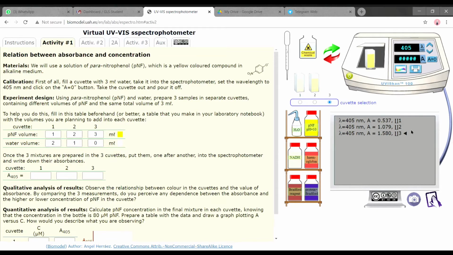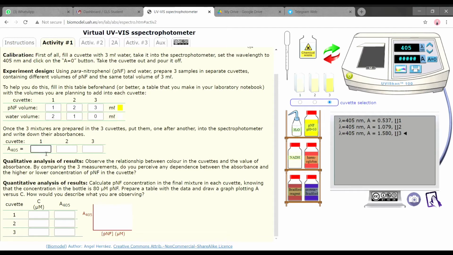And then after all the cuvettes have been analyzed, we get all the value of absorbance for each cuvette. So we can just write here.